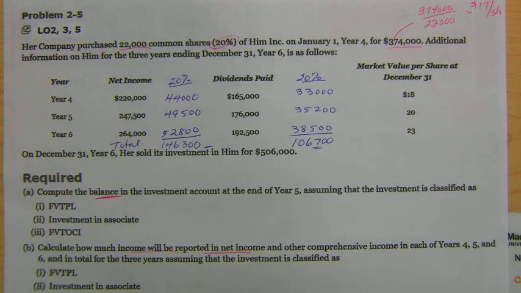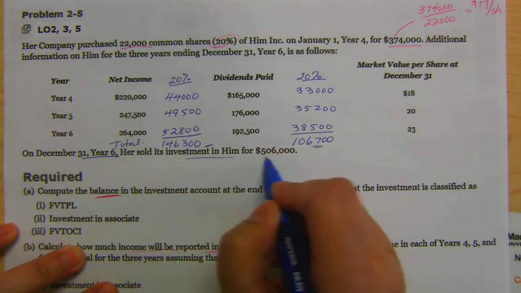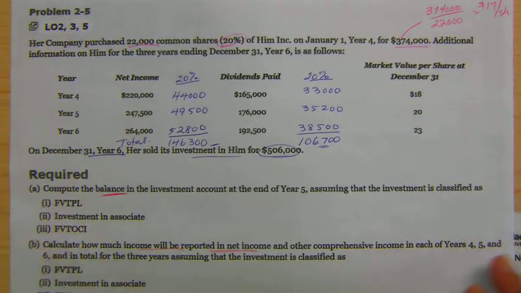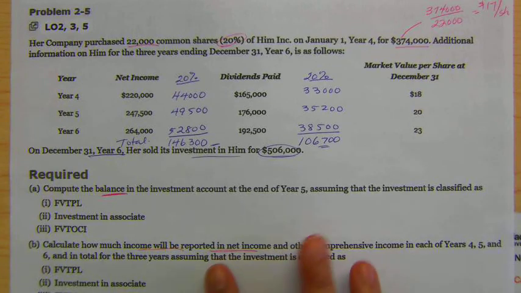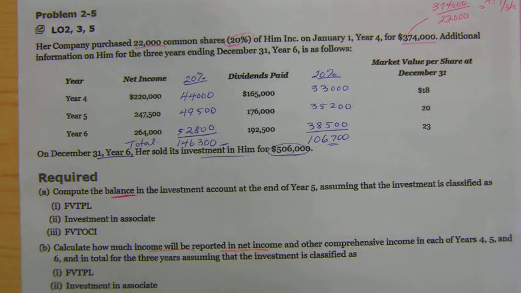So we've got year 4, year 5, year 6, and again at the end of year 6, they sold the investment for 506. So, what they want in Part A, compute the balance in the investment account.